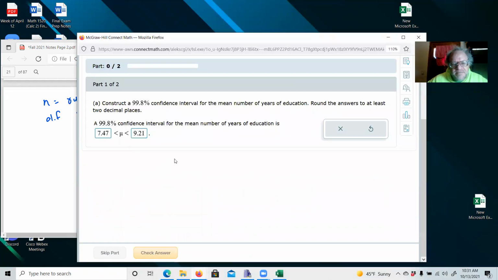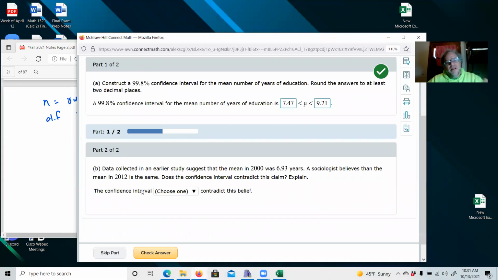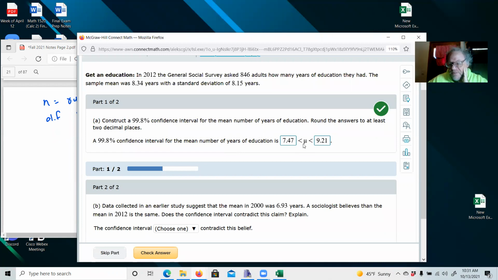All right. Data collected in an earlier study suggested the mean was 6.93. Sociologists believe the mean in 2012 would be the same. Does the confidence interval contradict this claim? So yeah, this is a pretty wide confidence interval. So clearly it's gone up.